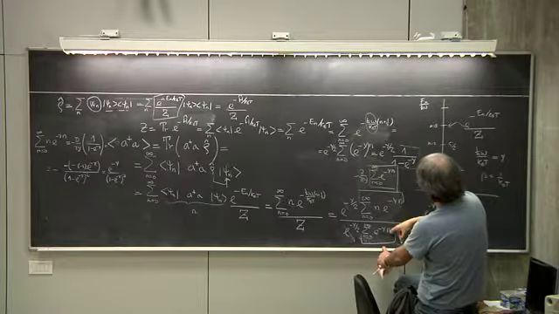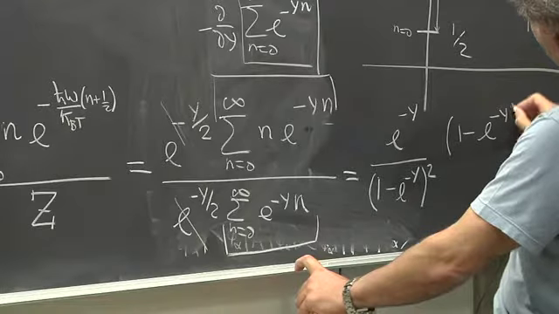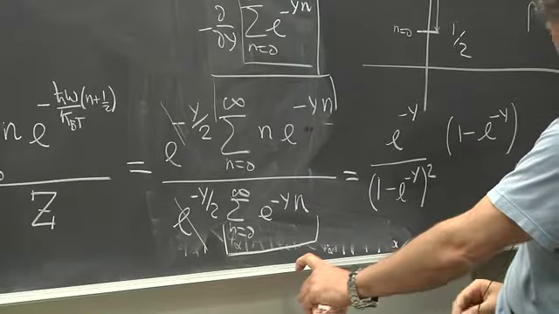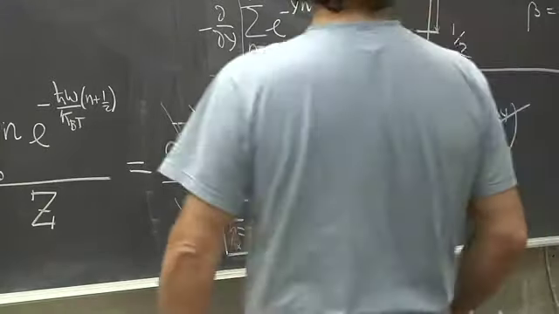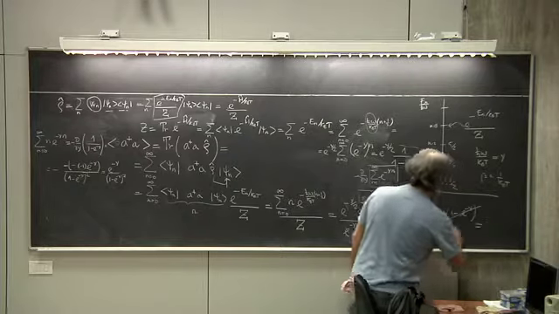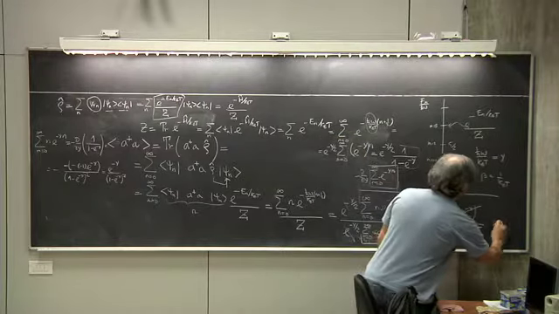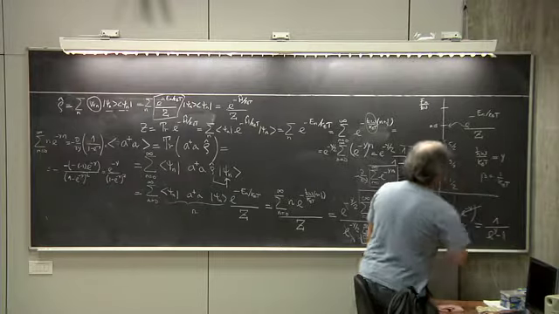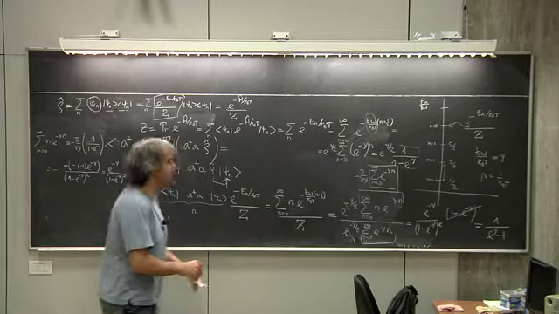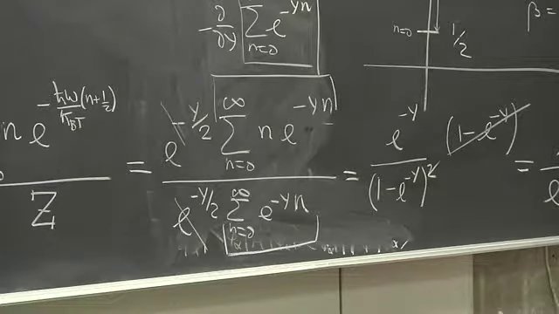Because it's in the denominator. So it's 1 minus e to the minus y. Okay? So I eliminate this with this. And I can rewrite, if I multiply everything by e to the y, as 1 divided by e to the y minus 1. Okay? This is a very, very, very important result. Let me just rewrite it here. The average number of excitations, okay?